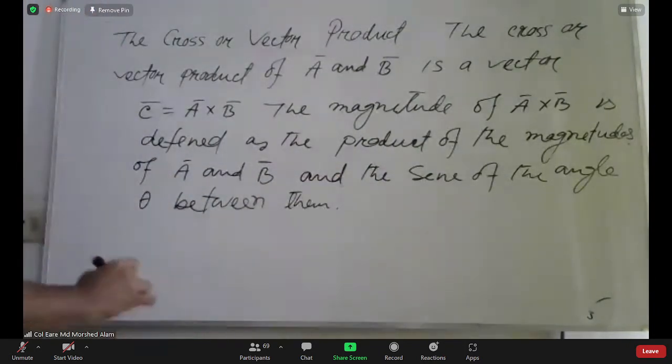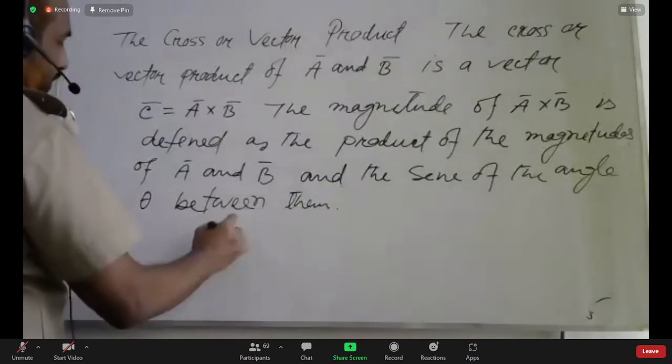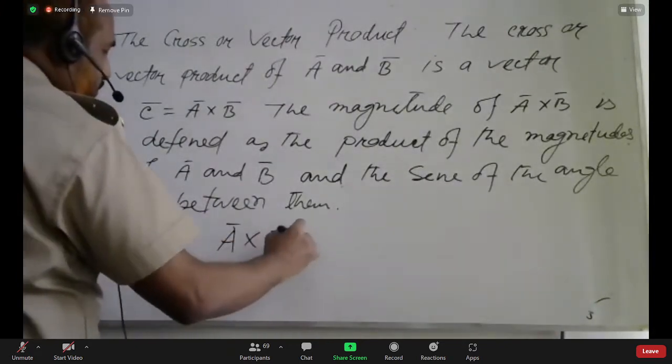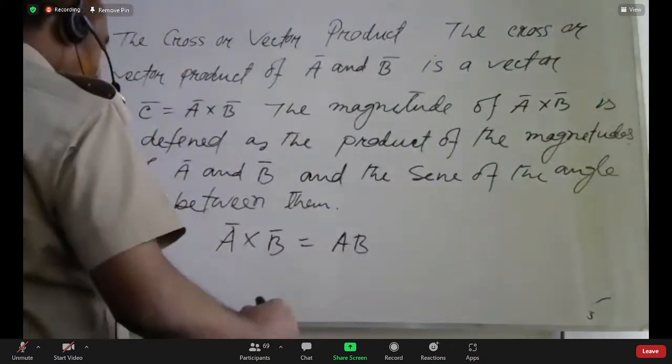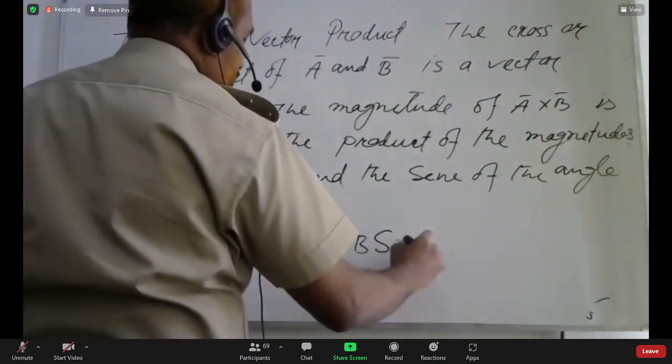Okay. That means A cross B is equal to magnitude of A, magnitude of B, sine theta.